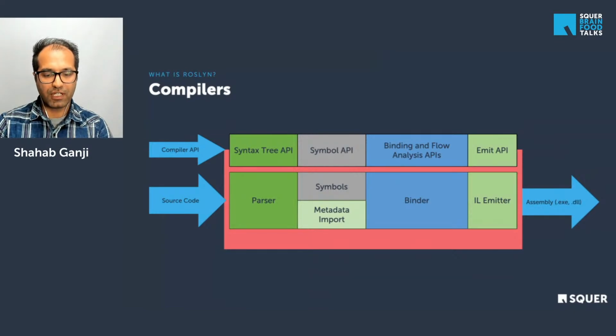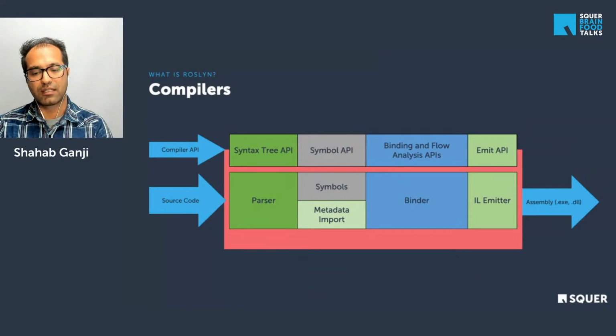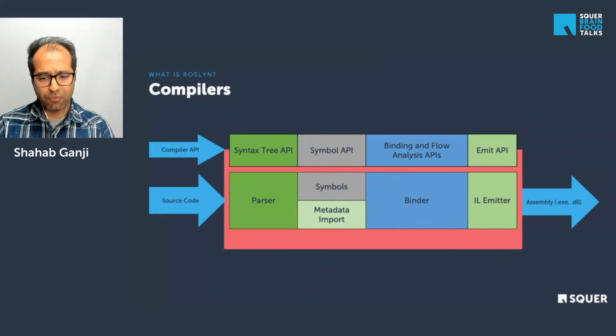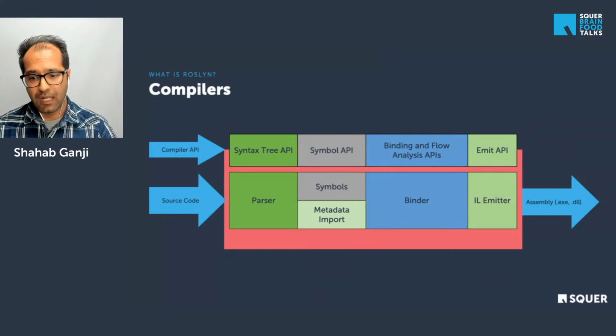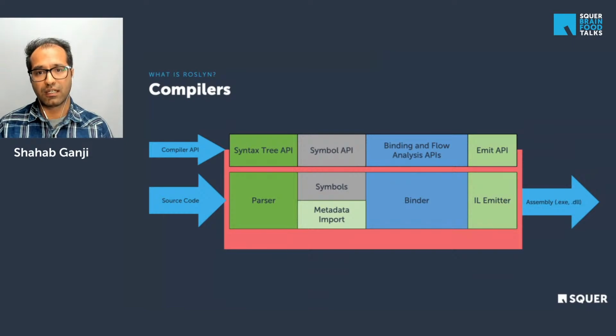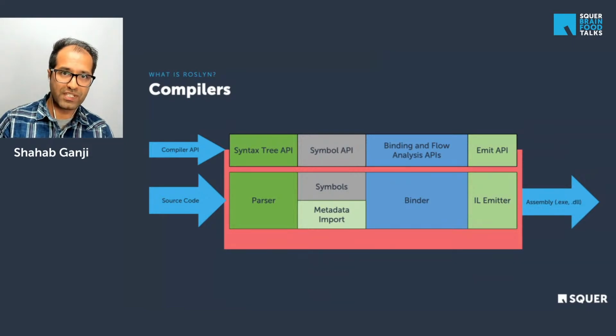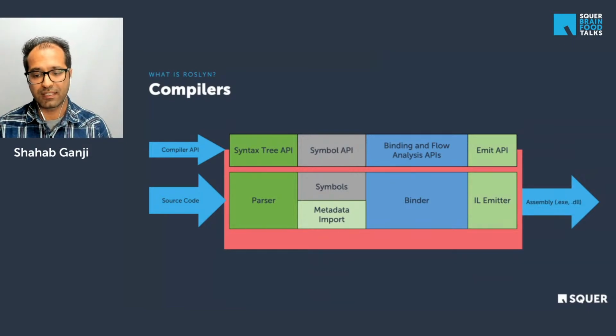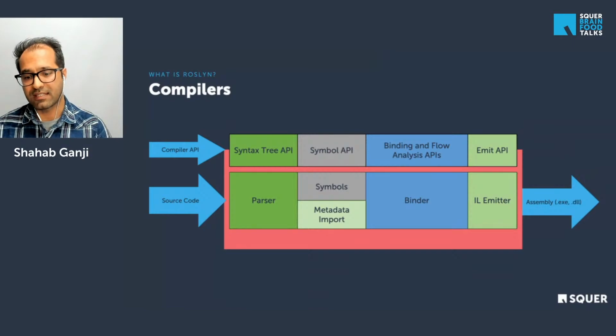And we have syntax tree APIs, which provide a syntax tree, and then we have a symbol API. It provides a hierarchical symbol table. And then we have the binding phase, which exposes the results of the semantic analysis, and the emit phase, which produces the IL bytecode.